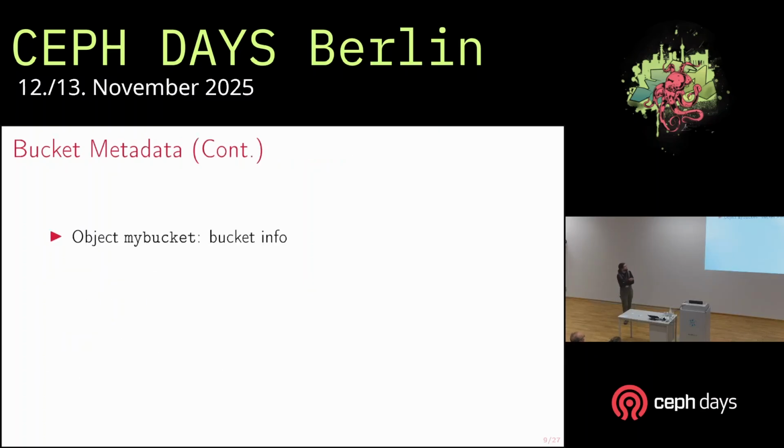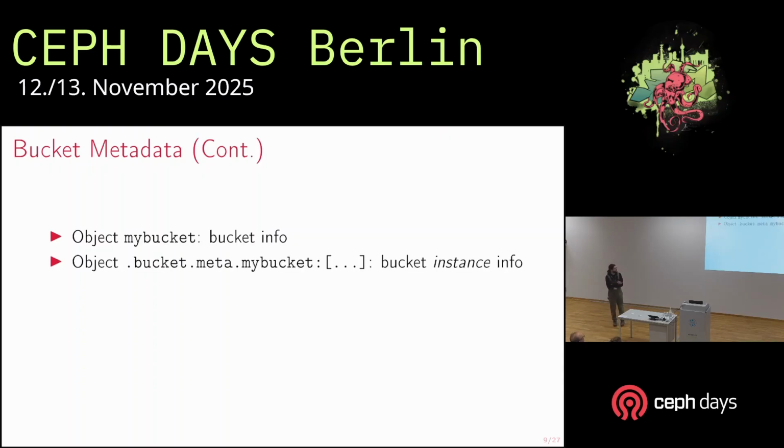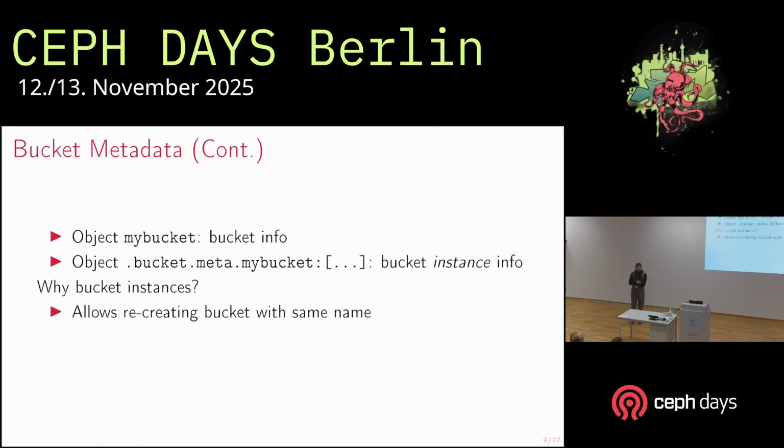Let's have a look. So the my bucket thing is obviously bucket metadata. Who could guess that? And the other thing is bucket instance info object. Why do we need bucket instances?